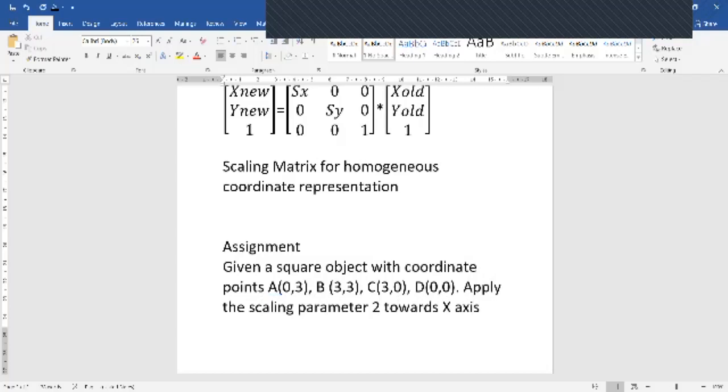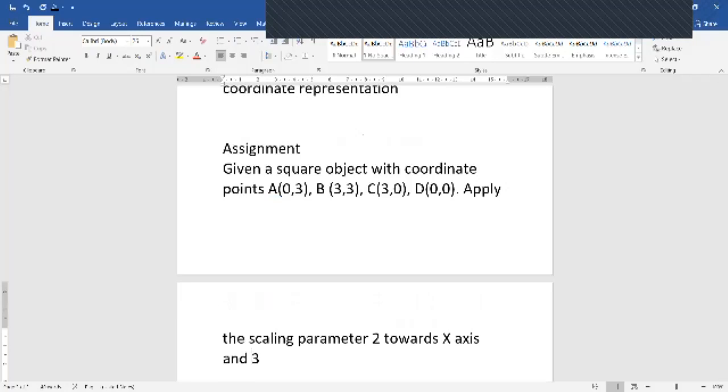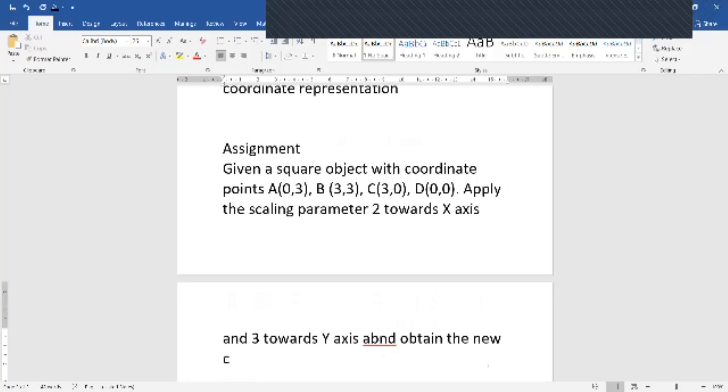So in this numerical problem, the scaling factor is greater than 1: 2 towards the x-axis and 3 towards the y-axis, and obtain the new coordinates of the object.